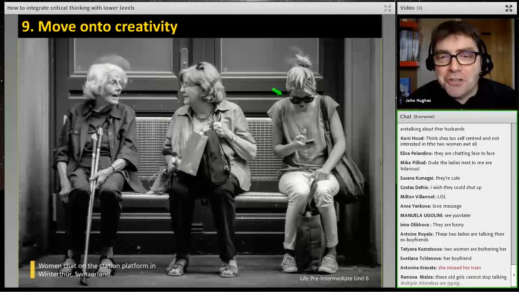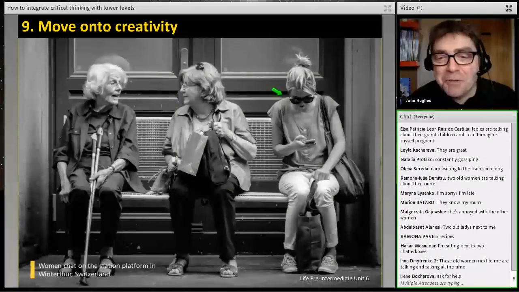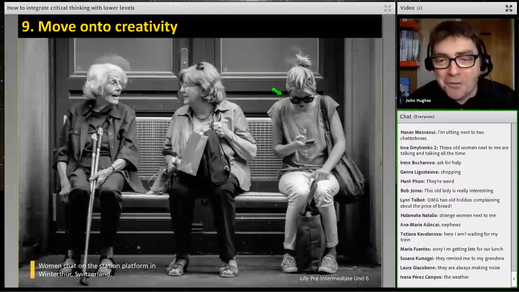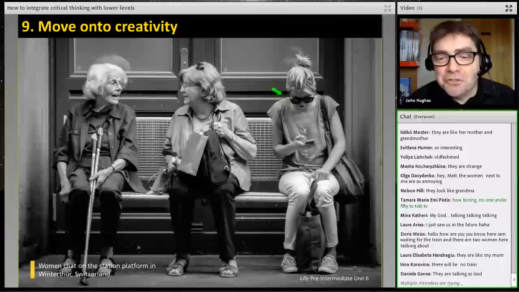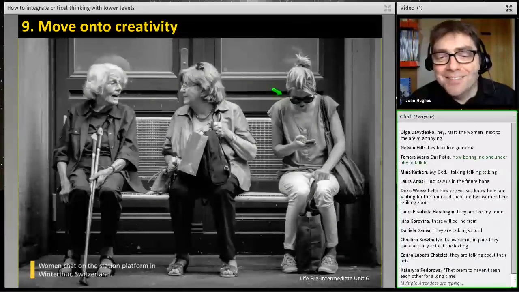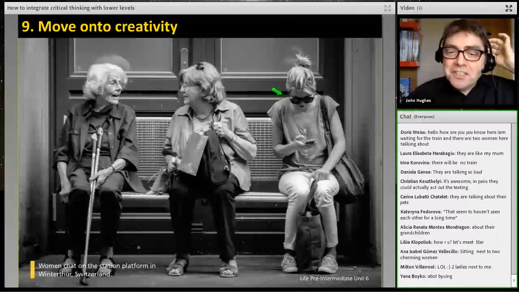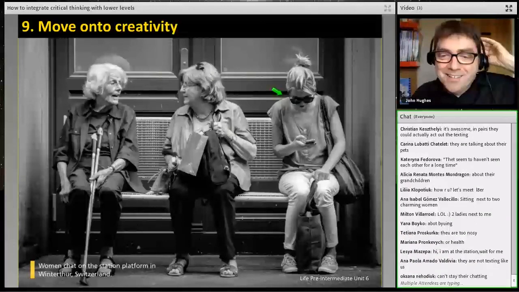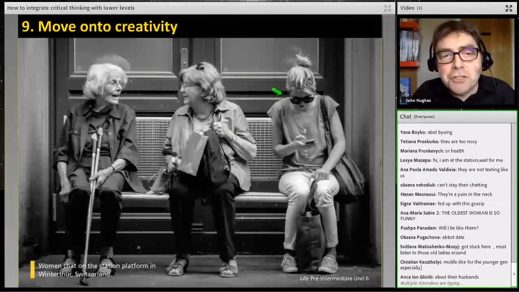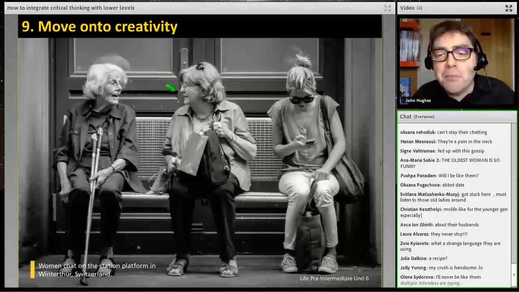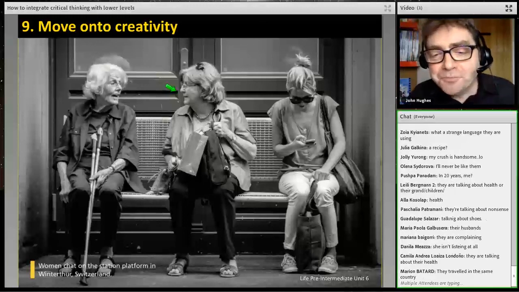I wish they'd shut up. Costas, I'm reading these as quickly as I can. They're talking about politics. She's annoyed about them. They're weird. Okay. They're like my mum. They're talking about their pets. Okay. They haven't seen each other for a long time. Okay. They're talking about their health. Yes. I'm similar age to the woman in the middle, and I'd probably talk about my health a lot. Okay. All right. You get the idea.